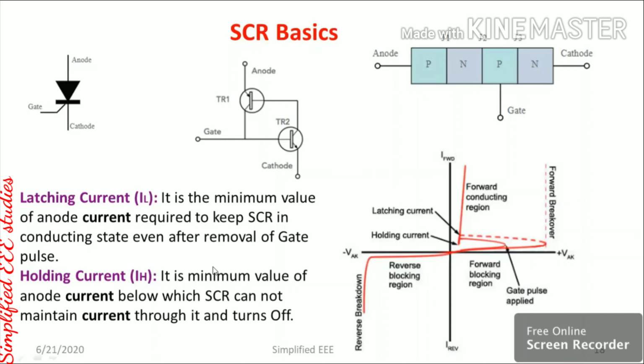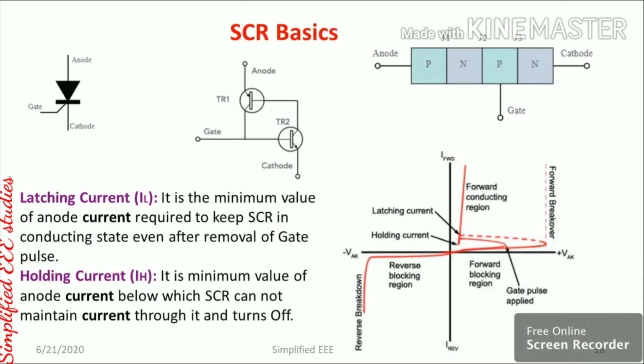Moving on to holding current. It is the minimum value of anode current below which the SCR cannot maintain current through it and turns off. So if the forward anode current falls below holding current, the thyristor will be turned off. If you remove the gate current, the thyristor never goes to the off state. But in case of the gate turn off thyristor, known as GTO, it is applicable.